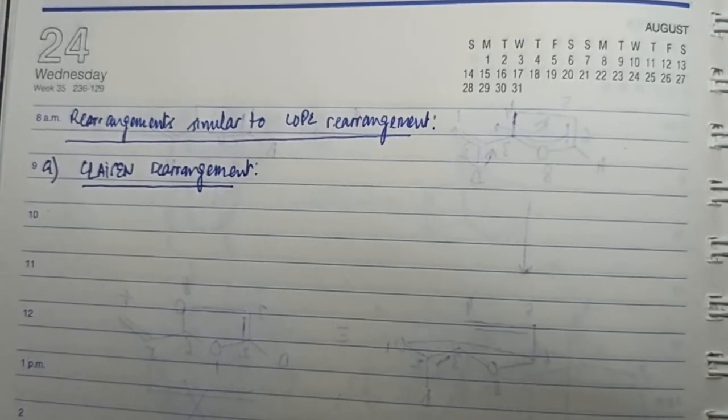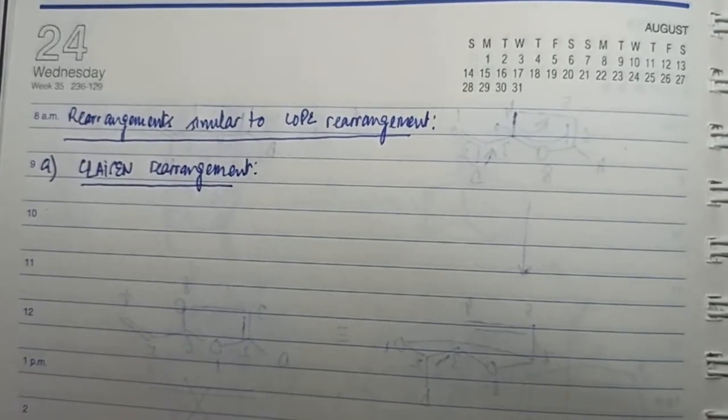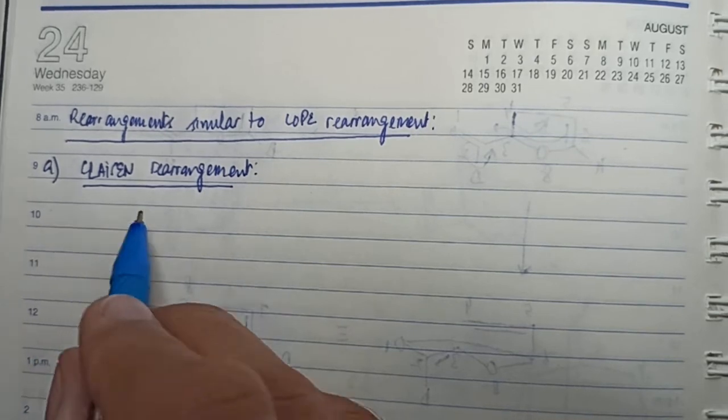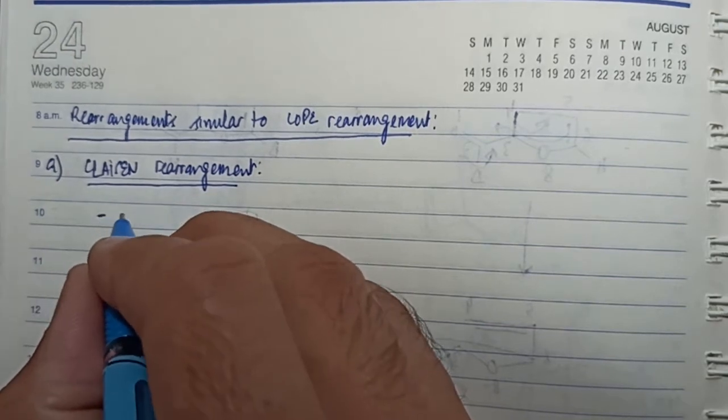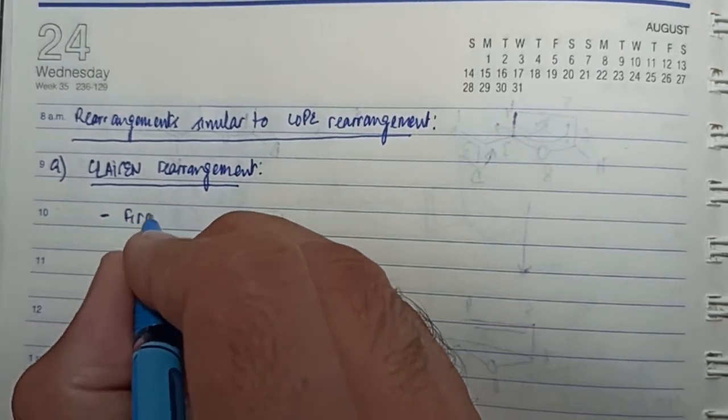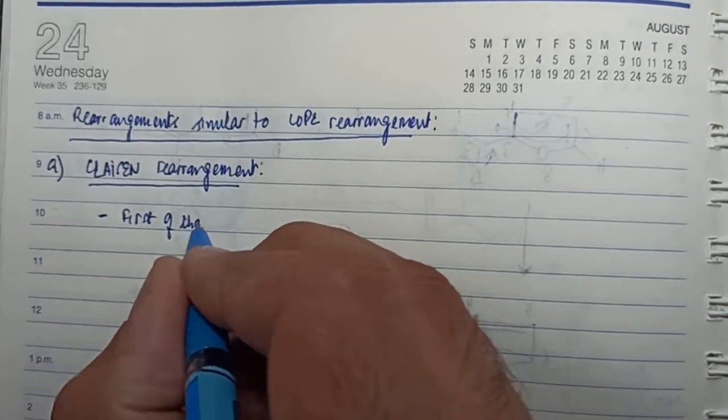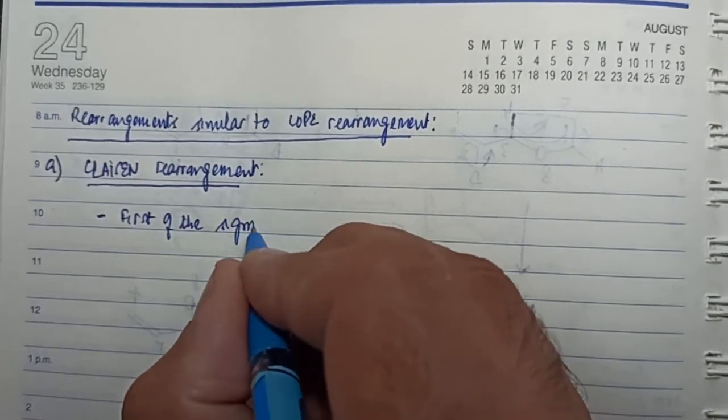Now we'll talk about the rearrangements which are similar to Cope rearrangements. We'll start with the Claisen rearrangement. Claisen rearrangement probably is the first of the sigmatropic reactions to be discovered.